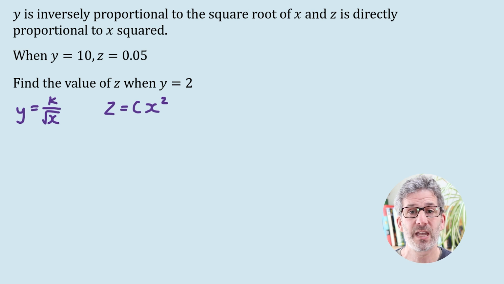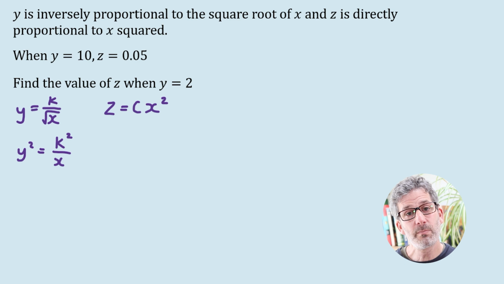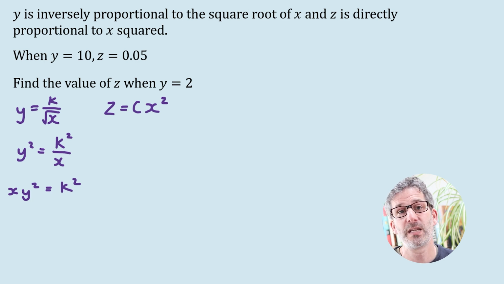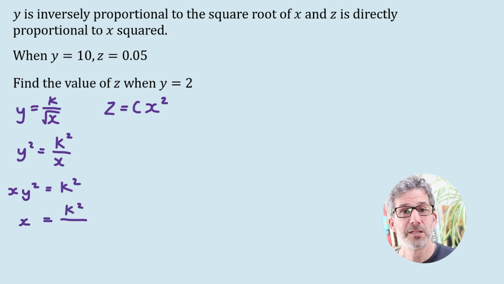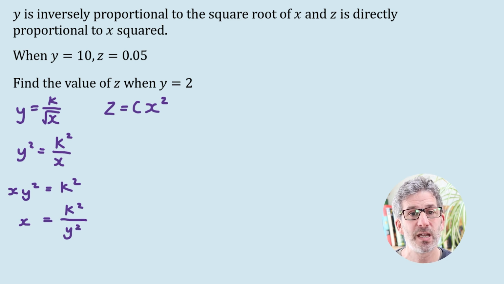Squaring the left-hand side gives Y squared, and if I square the right-hand side, don't forget I've got to square everything, I'm going to get K squared over X. Then I'm going to multiply both sides by X to give me XY squared is equal to K squared, and then I'm going to divide both sides by Y squared to give us X equals K squared over Y squared.